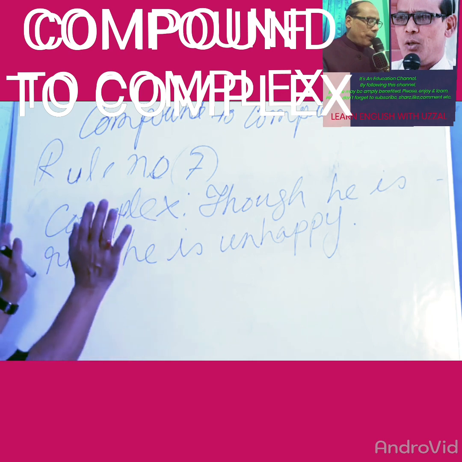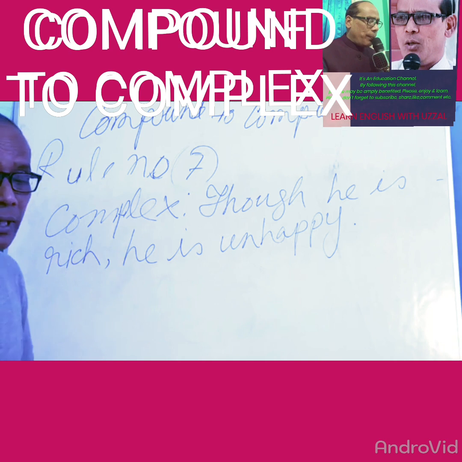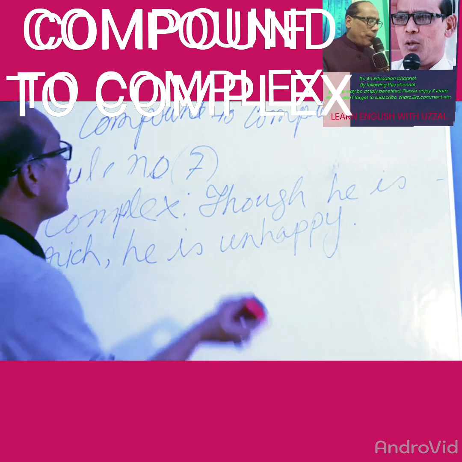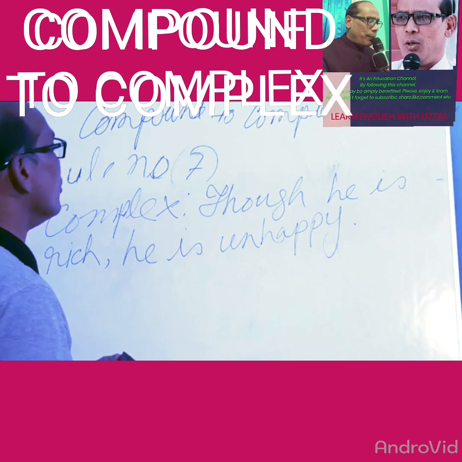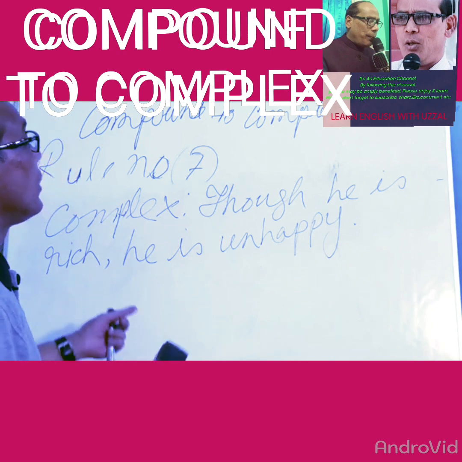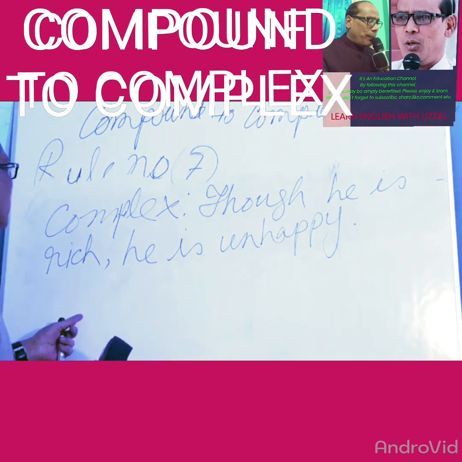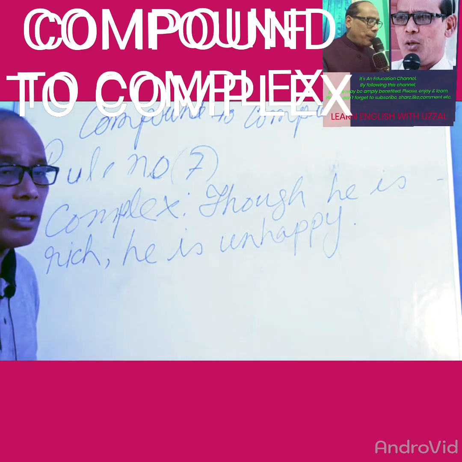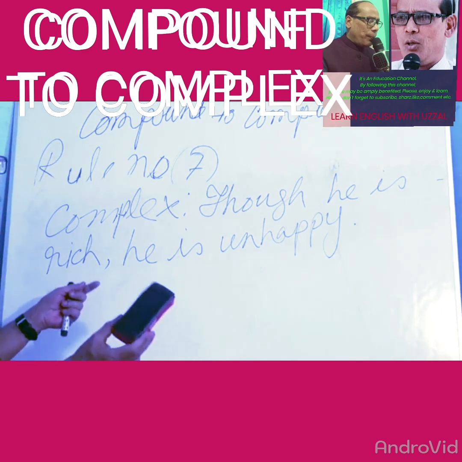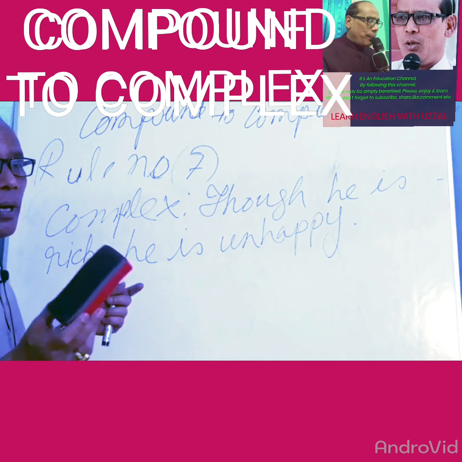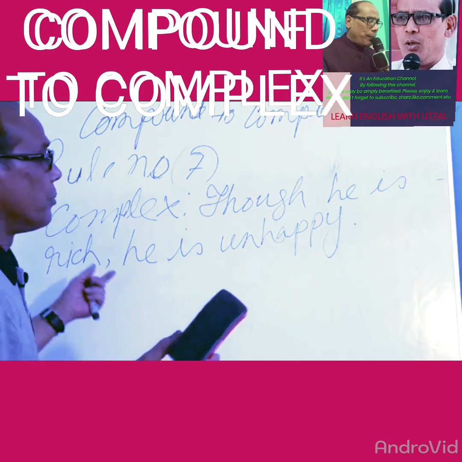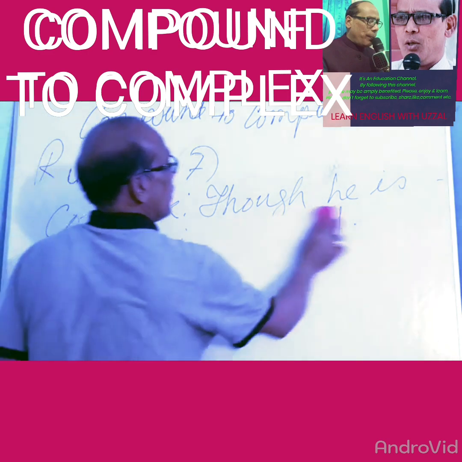We have to use everything to the last and completely. So here, though he is rich, he is unhappy. We can't say though he is rich, unhappy. No, it's not possible. It is possible only in the case of compound sentence, but not in complex sentence.